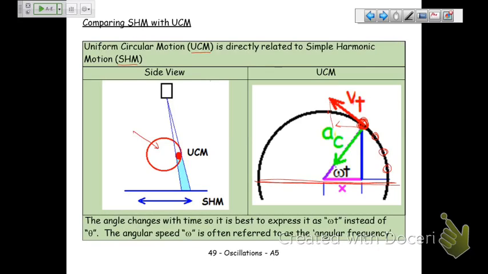Question or comment? Yeah, is the tangential velocity perpendicular to the centripetal acceleration? Tangential velocity is always perpendicular to our centripetal acceleration, yeah. So why don't you just connect them together? Because I don't know. Let's talk about that afterwards.